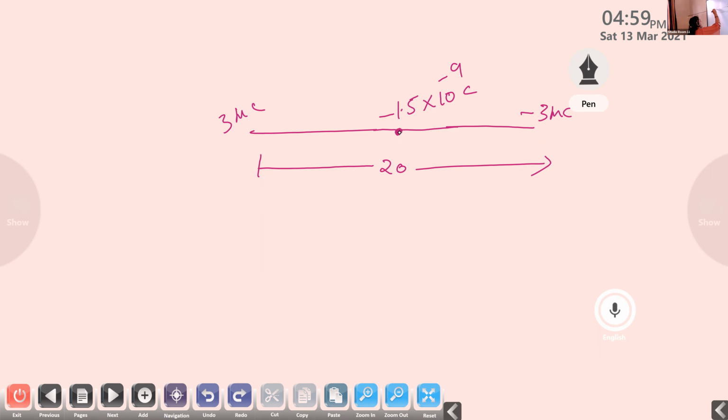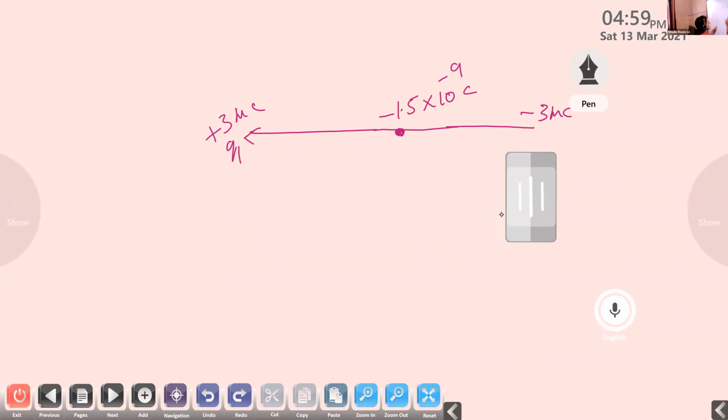Here we have positive 3 microcoulomb, and at the middle the test charge is negative. So what force is experienced by this charge due to Q1? It experiences a force of attraction, so the direction of the force is along this direction, towards the positive charge. This is the direction of force F1.